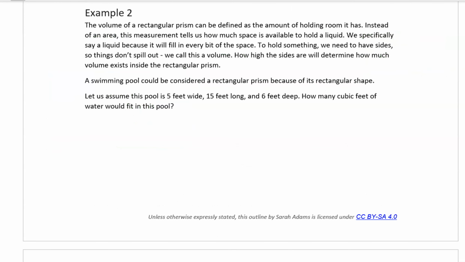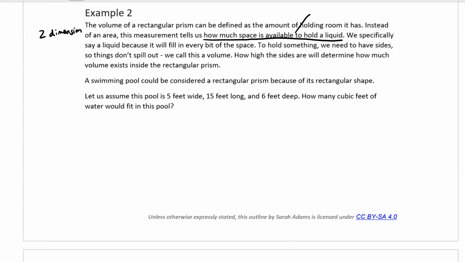Example 2 says, the volume of a rectangular prism can be defined as the amount of holding room it has. Instead of an area, which is a two-dimensional measure, this measurement tells us how much space is available to hold a liquid.